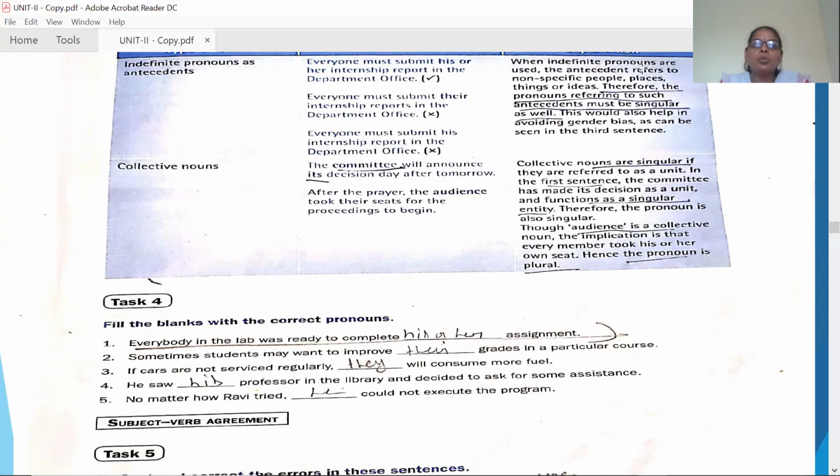He saw his professor. The pronoun should be singular, his. No matter how Ravi tried, he could not execute the program. The pronoun should be singular. So noun-pronoun agreement is very, very important when you are making a sentence of your own or writing it in the form of an essay.